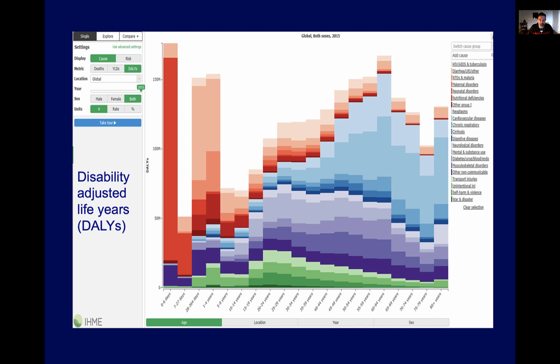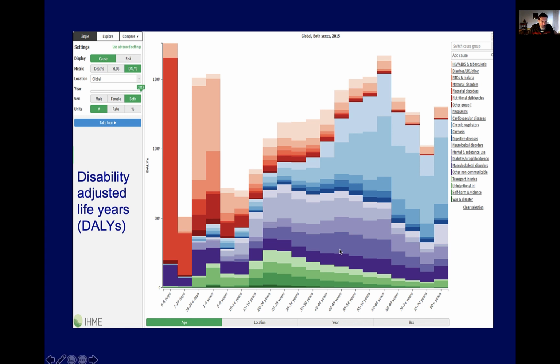So the sum of the years lost and the years lived with disability, or DALYs, really shows you that a lot of these disorders are affecting people throughout the life course, with the exception of, or maybe on the lower side among, children age 5 to 19 years old. But you can see that the burden of disease is distributed throughout the population age structure, but that the things that are contributing to it are different.